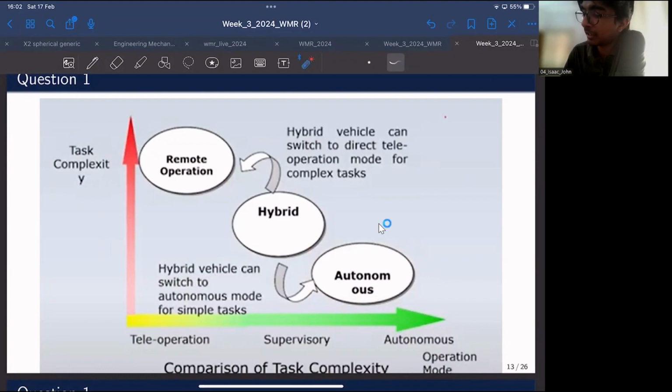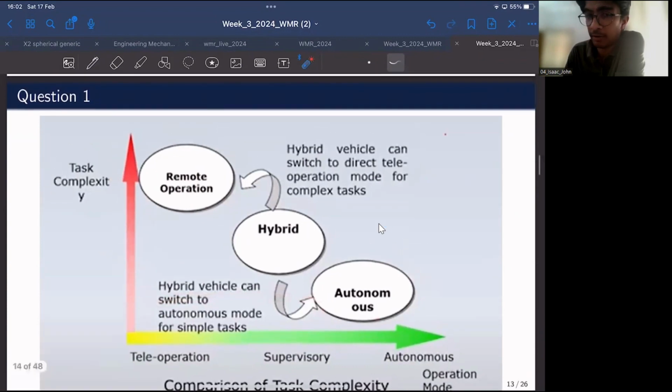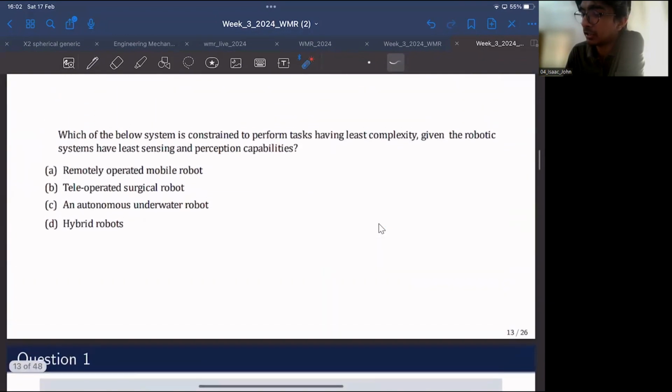But due to the fact that our sensors and actuators, and our power of computation, have still not matured, the level of task complexity for a higher level of autonomy is still very low. So with that insight, how can we answer this question?